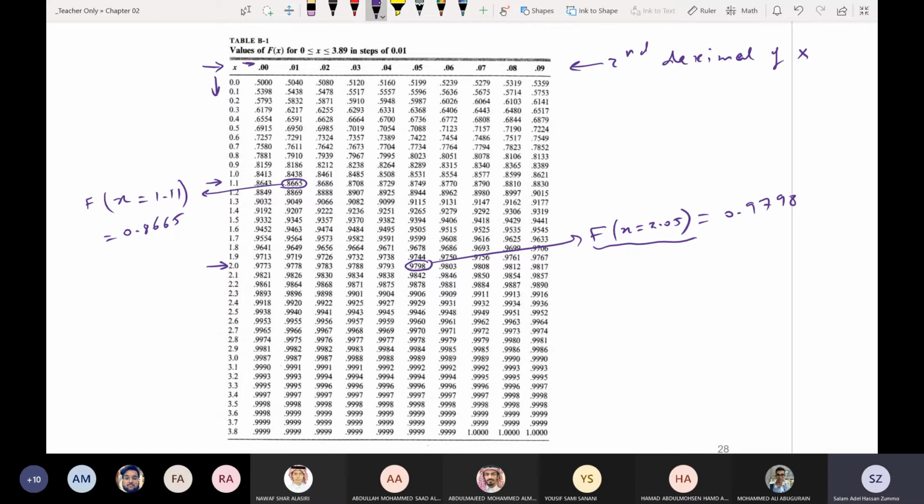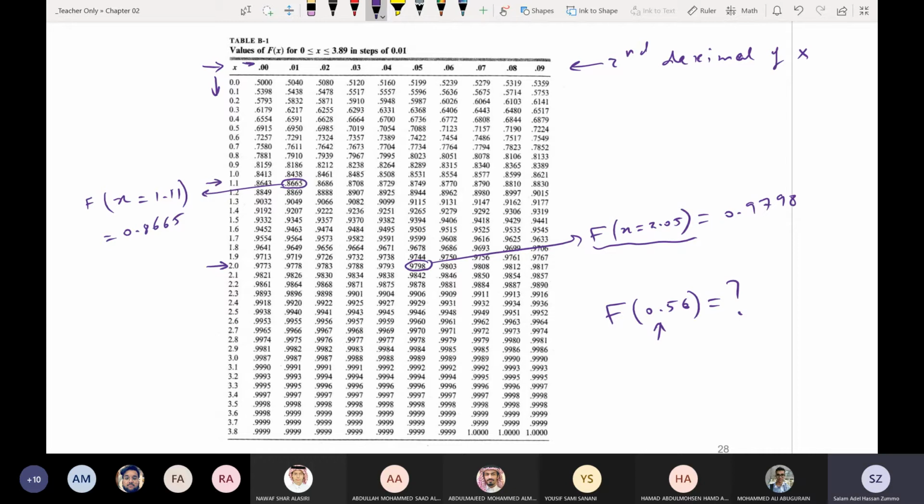Okay, I need you to send me over the private chat F of 0.56. Find F of 0.56 from the table. For this value, 0.56, what is F of 0.56?